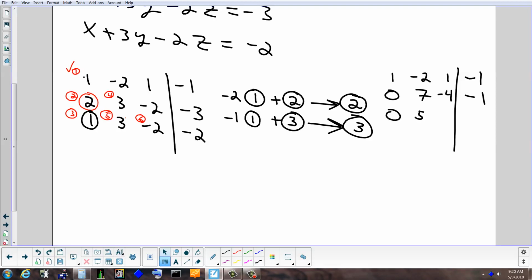All right. Let's keep going. So we've got 1 times -1 is -1. Take away 2 is -3. And the last one, negative 1 times negative 1 is 1. 1 take away 2, negative 1.